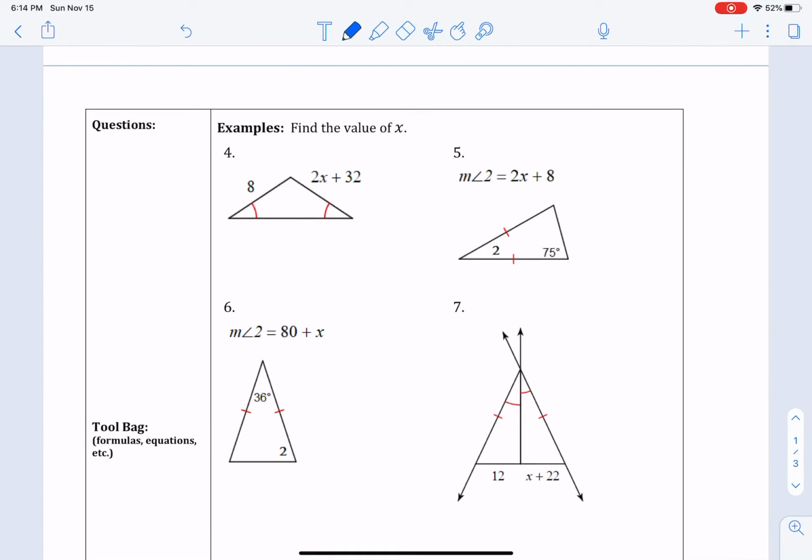So let's look at some further examples. As we look at number 4, I'm told that the angles are congruent. That means that the sides opposite them are also congruent. So that means that 2x plus 32 equals 8.